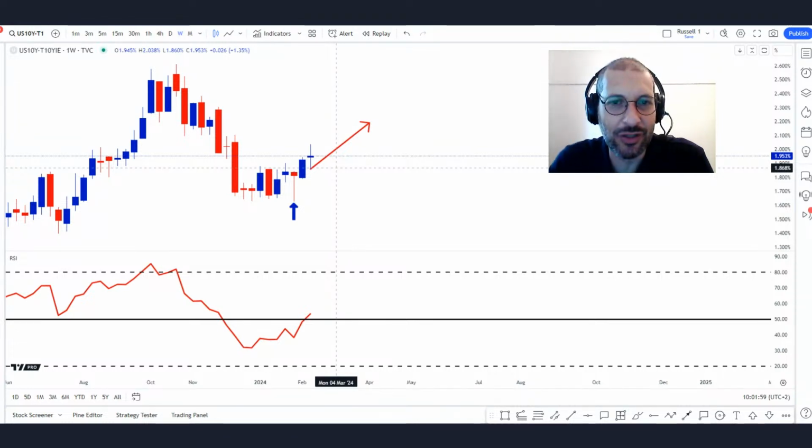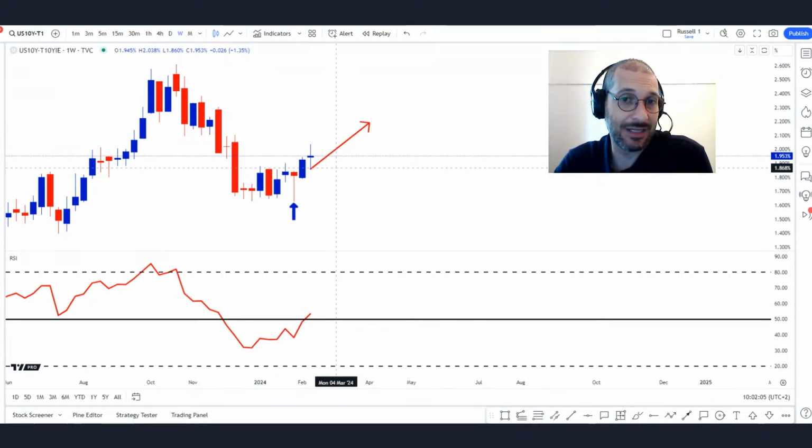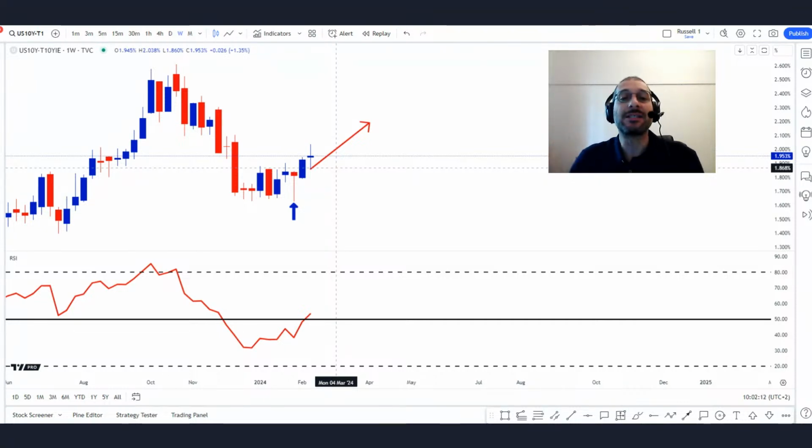It's not a problem if you're a dollar bull. If you're a dollar bull, you would enjoy what you're seeing. If you're a stock market bull, that's a problem. As we said last week, that's a problem because theoretically it should act as a drag. What's happening is that the earnings are supporting the stock market.